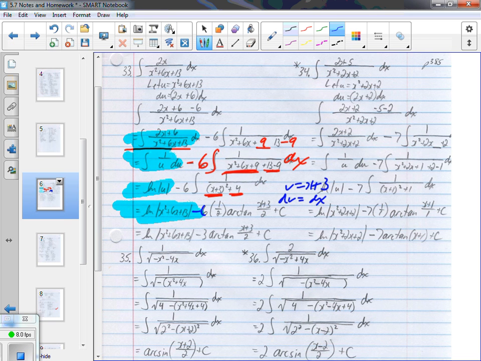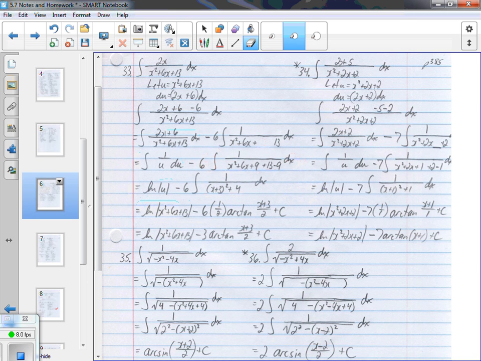So keep your negative 6. The only thing I have to do is 1 over a, so 1 over 2, arctangent of v over a, and since v was just an x plus 3, I went ahead and put it back in, plus c. Make sure you end with x's, not v's and not u's.